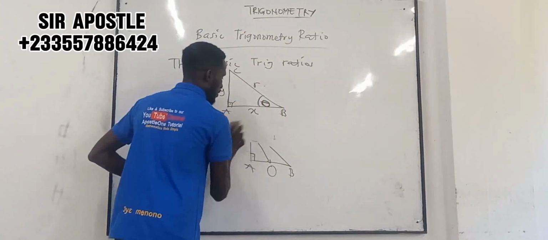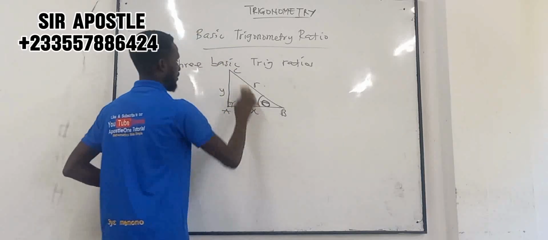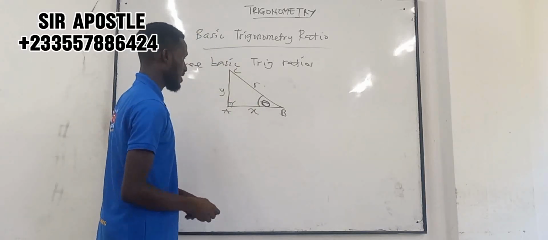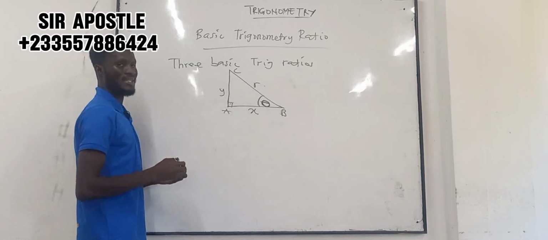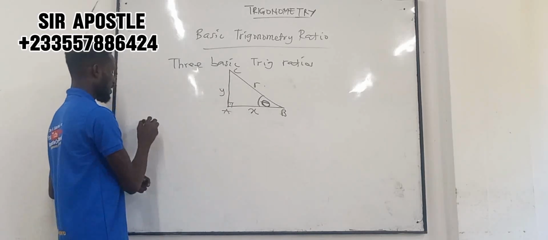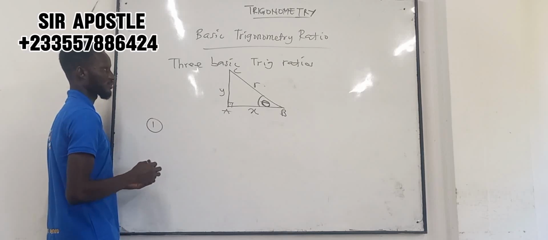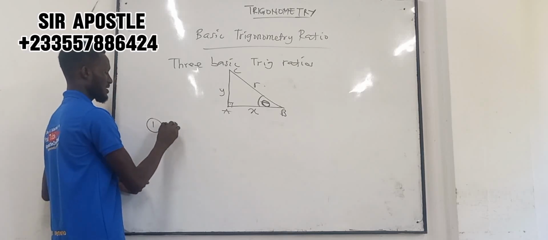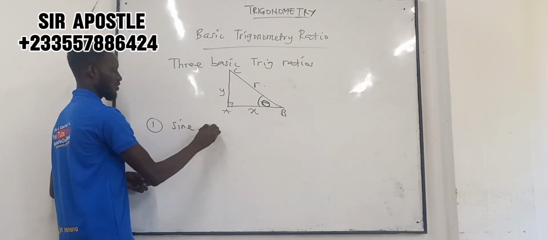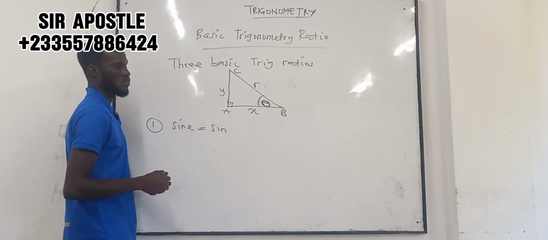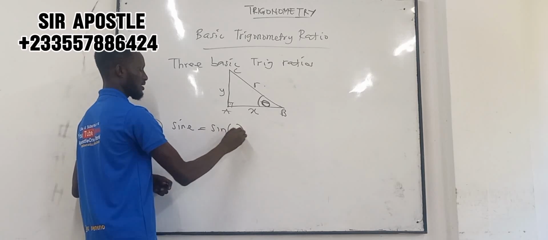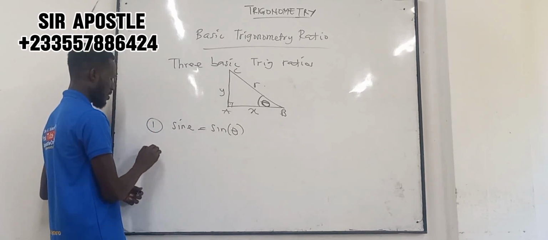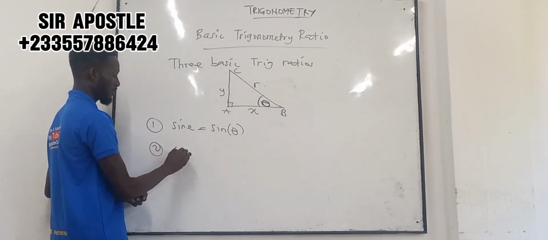Now, let me consider this right-angled triangle. Let me find the sine. The short form is sin, so I'm going to consider sin of the angle theta. The second one is the cosine.